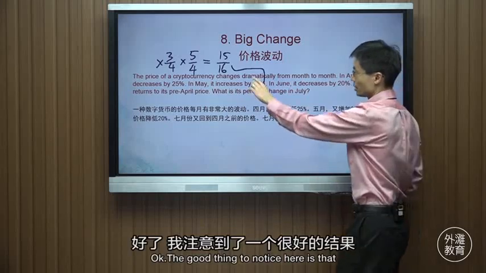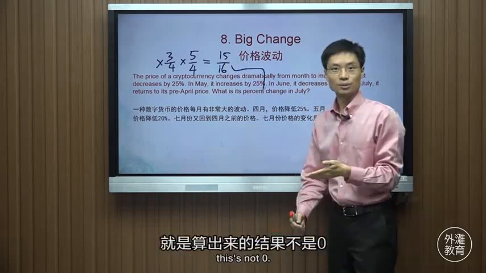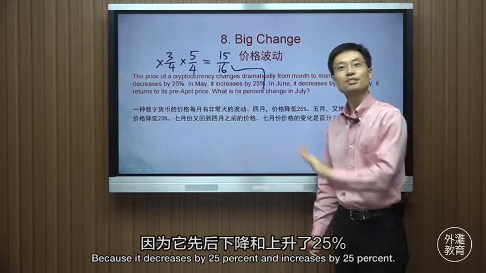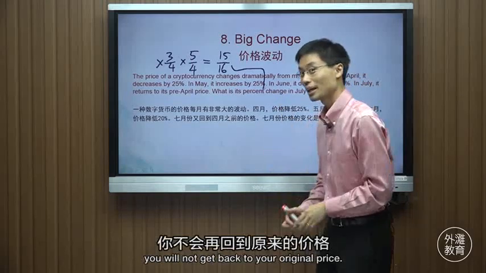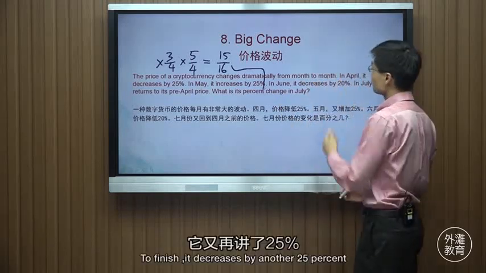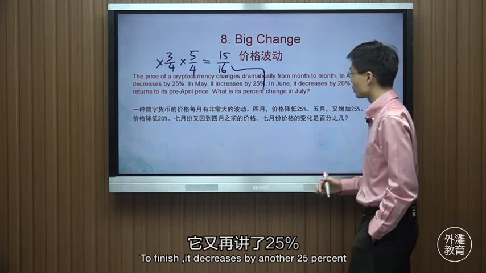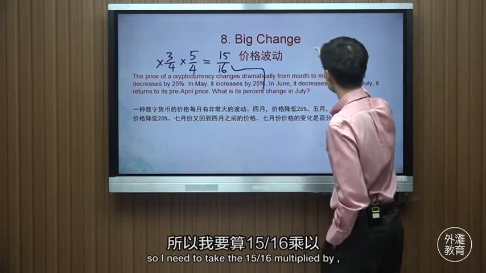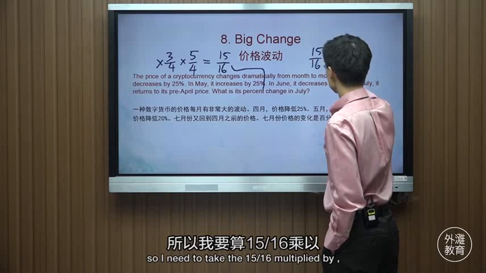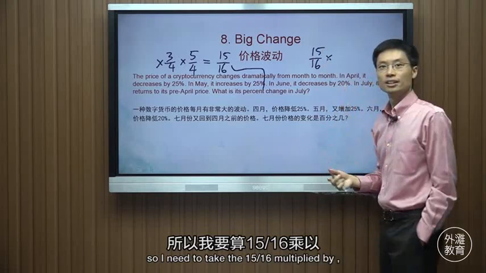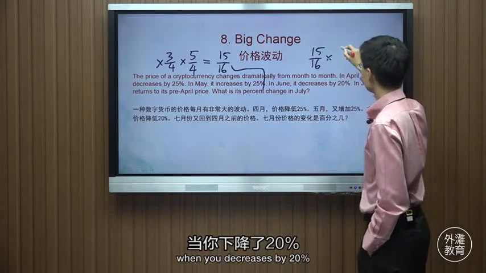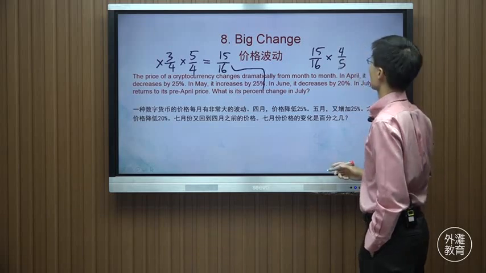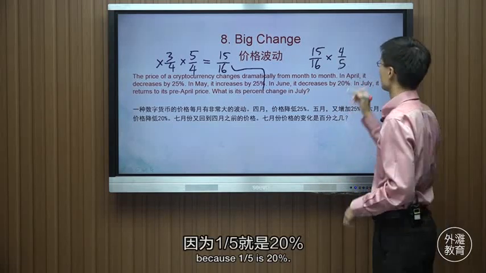Okay, the good thing to notice here is that it's not 1. If you decrease by 25% and increase by 25%, you will not get back to your original price. To finish, it decreases by another 20%. So I need to take the 15 over the 16 multiplied by, when you decrease by 20%, it's 4/5, because 1/5 is 20%.